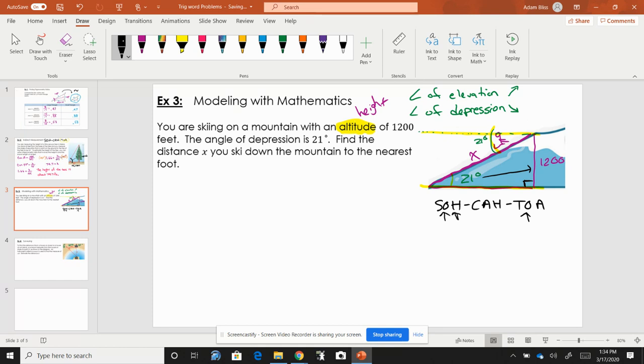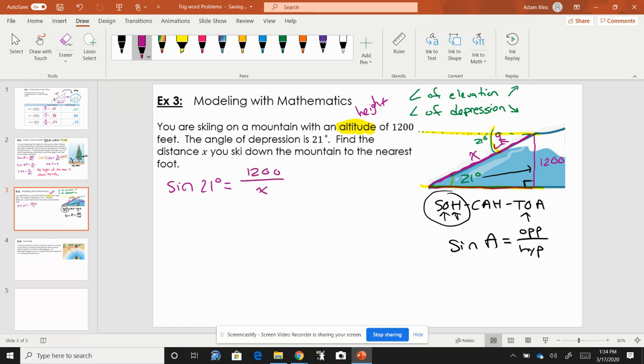So we're going to use sine. So again, sine of our angle is opposite over hypotenuse. So our angle is 21 degrees. Sine of 21 degrees is our opposite, 1200, over our hypotenuse, x.